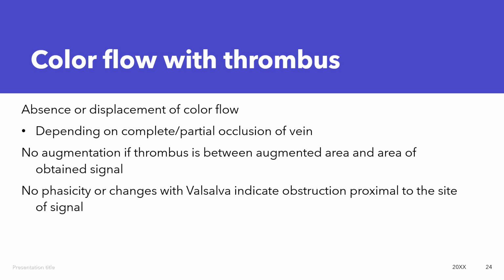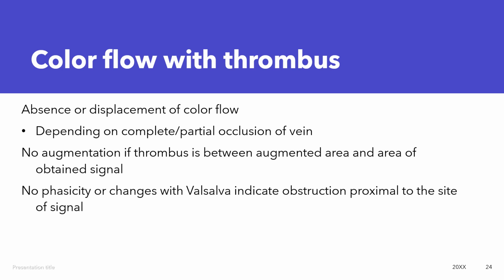If we add color to the vein, we should see flow moving from the caudal end of the leg towards the head. Sometimes if we can't identify that color at all, it could indicate that there's a complete occlusion. If we can identify some color, but the lumen looks very small in comparison to the vein around it, then it might be incomplete occlusion.